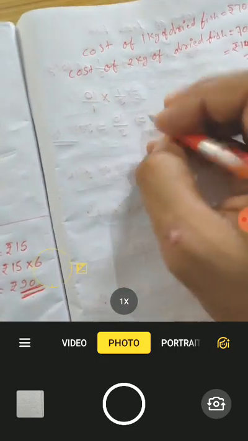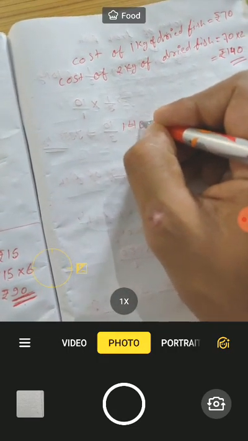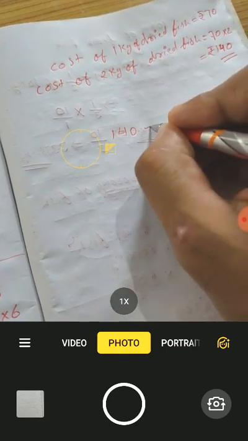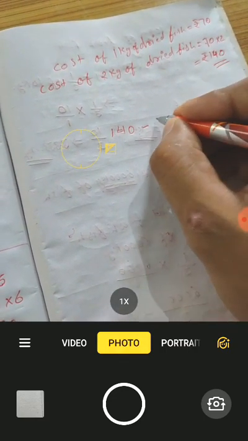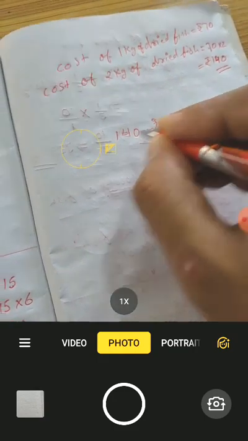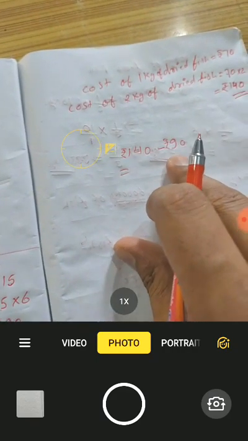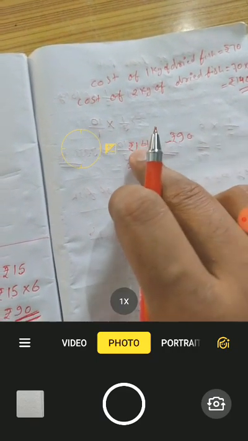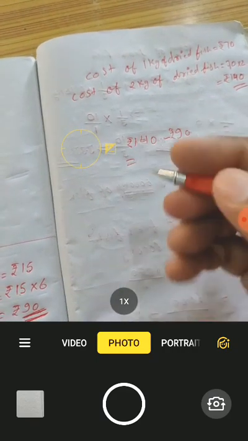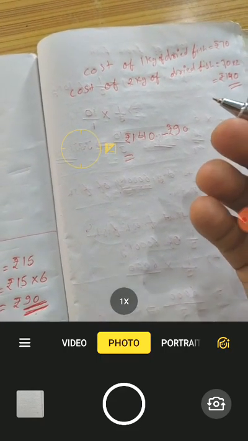So how much will we earn? 140 rupees for the 2 kg of dried fish, and we will subtract rupees 90 from rupees 140 to find our profit.